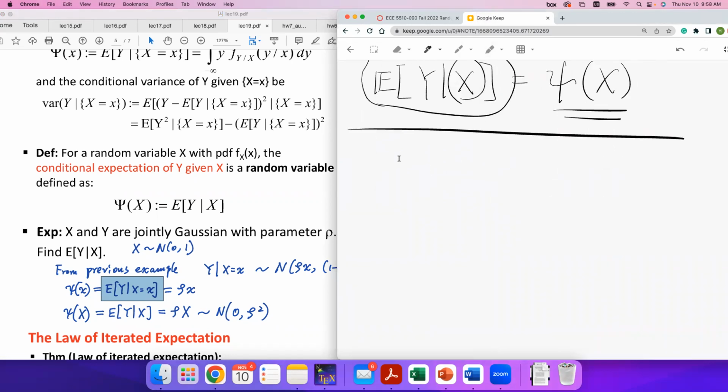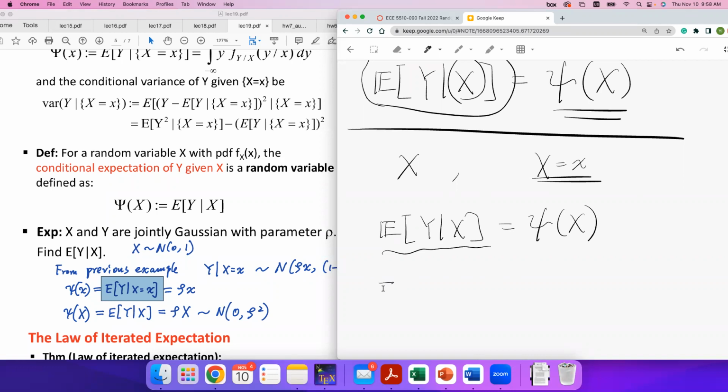So for example, this is a random variable, and when we write it in this way, we say that this is a realization of this random variable. Here is a similar thing. This is a random variable on x. But when you condition on a specific realization, then this corresponds to a realization of this random variable.